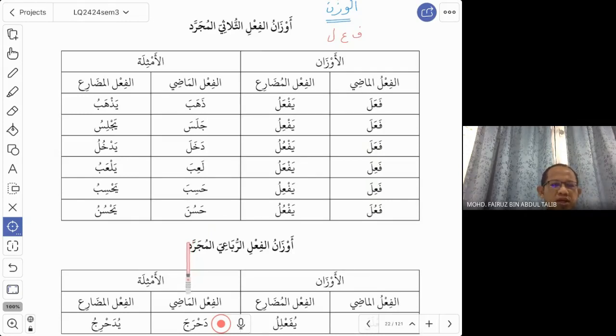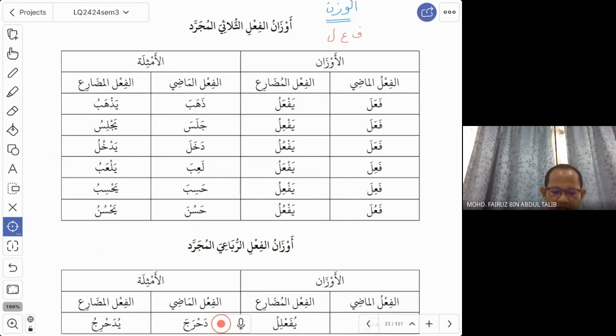He was good, we say hasuna. When it is fa'ula, the mudari is yaf'ulu. So here we don't have any other choices. It is always fa'ula yaf'ulu. So when I say hasuna, what is the mudari? You just follow the wazan because there is no other option. You do not need to refer to the dictionary. Fa'ula yaf'ulu, hasuna yahsunu.